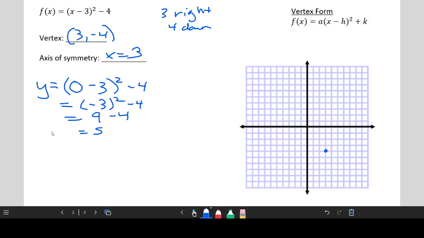So you're always plugging in a value for either x or y and then finding the other coordinate. So here we plugged in 0 for x, and we got a y value of 5. So since y is 5 when x is 0, we have the point (0, 5).